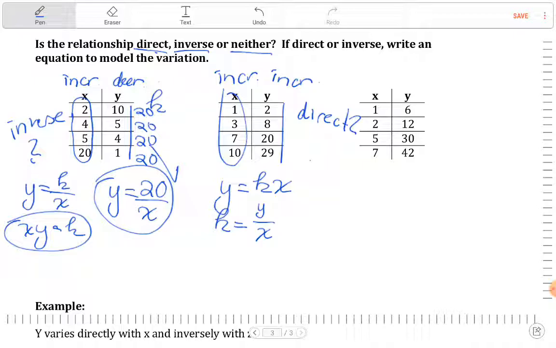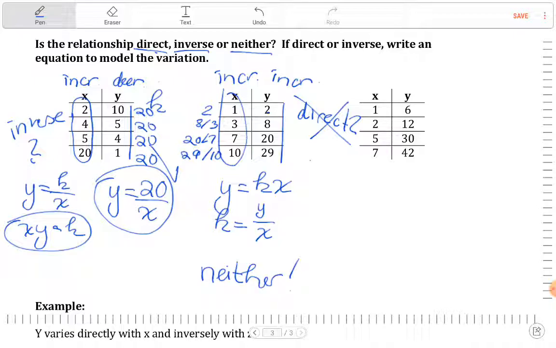So in this case, we have 2 divided by 1, which is just 2. 8 divided by 3, just have to leave it as a fraction. 20 divided by 7, and 29 divided by 10. We can see that all of the constants between x and y are different. They're not the same. So this actually is not a direct variation. It is neither.